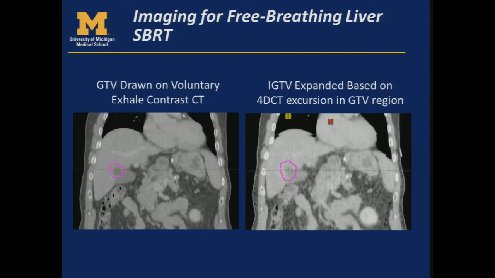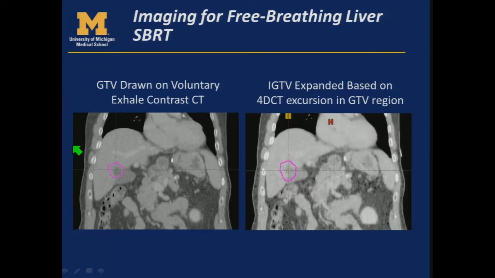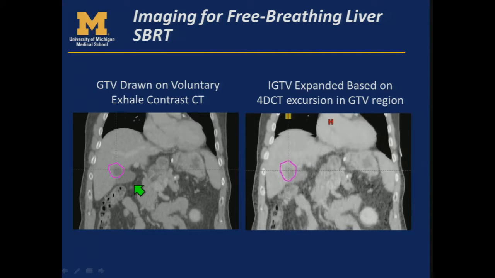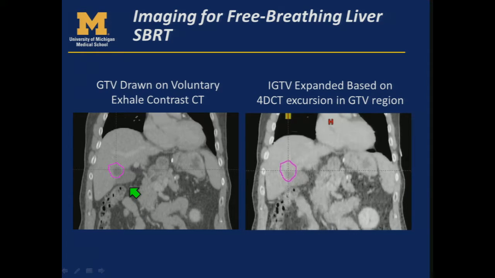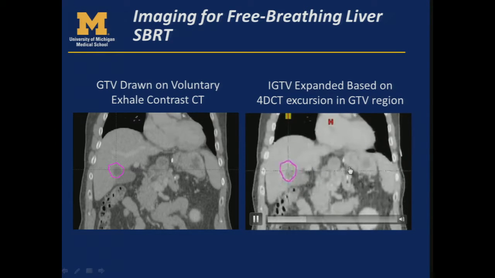And so this is just an example of one of our patients where we are going to treat the patient free breathing. So here on the left, we have the GTV drawn on a voluntary exhale contrast CT. This was taken based upon a nice simulation directive put together by Mary. And then over here, you can see the 4D CT.